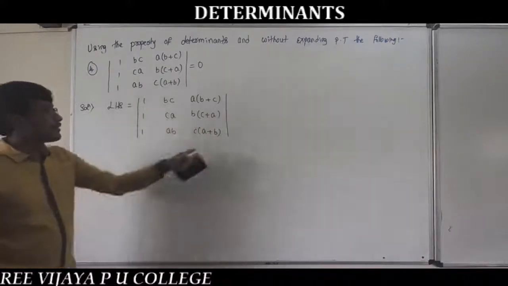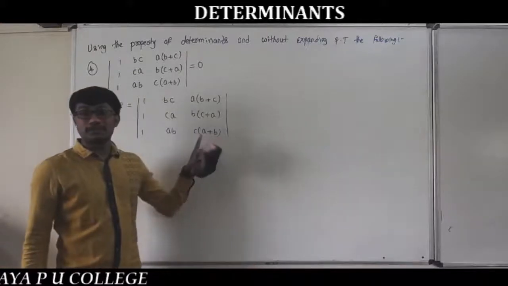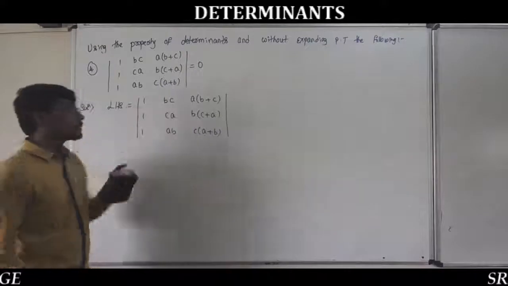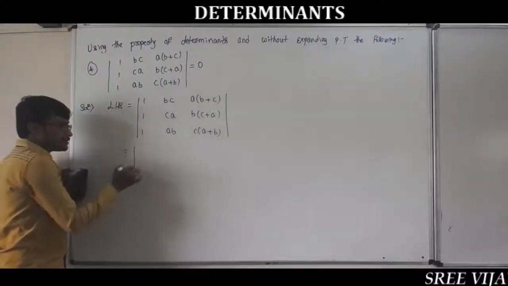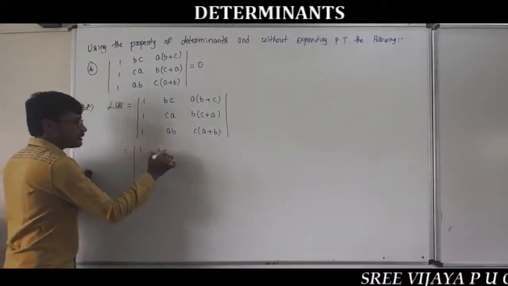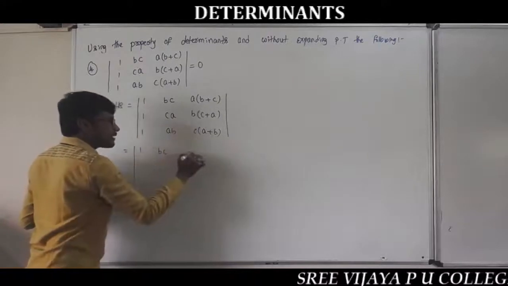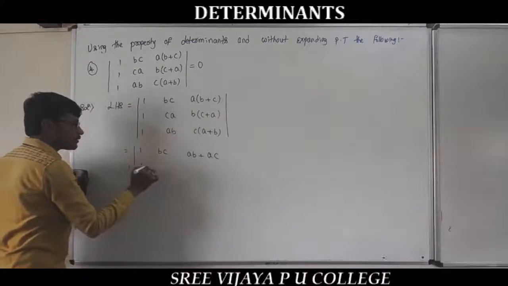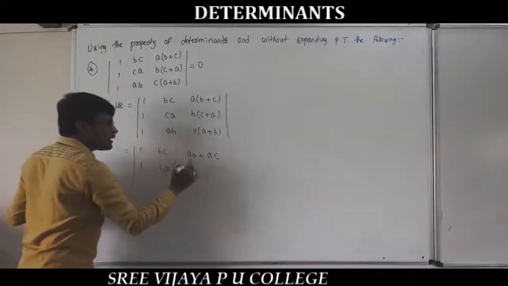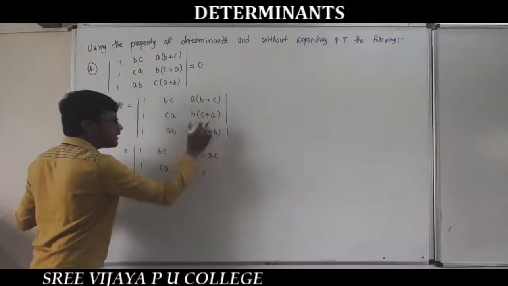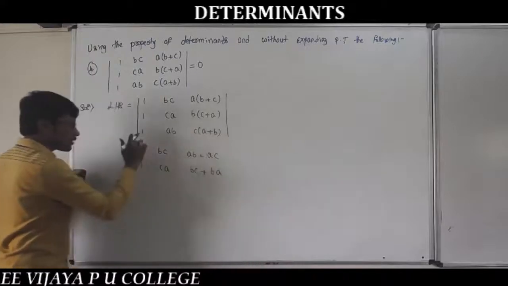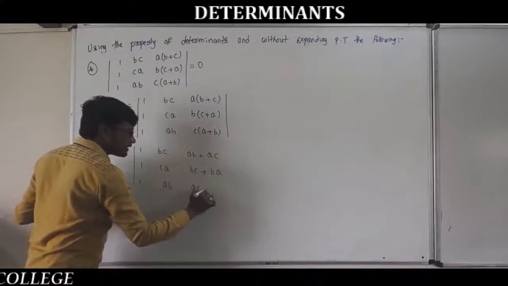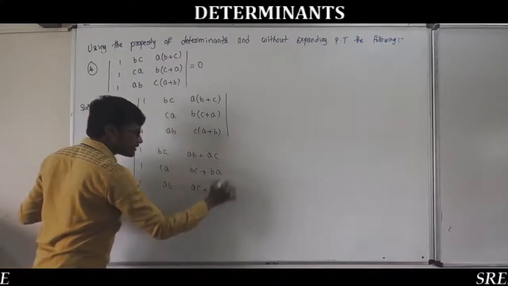Okay. Here also column 3 can be expressed as 2 terms, but for this you are multiplying with one term, right? First of all you can multiply that term, afterwards let's see. So 1 BC A into B is AB plus A into C is AC. 1 CA B into C is BC plus B into A is BA. 1 AB C into A is AC, C into B is BC.